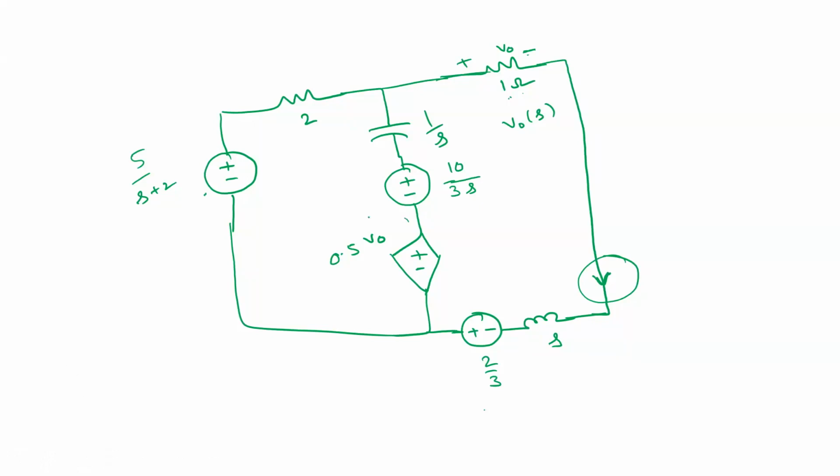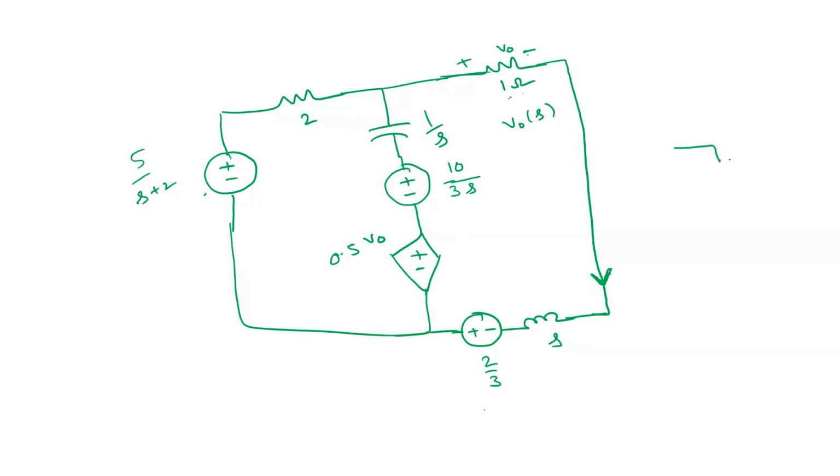The thing is that when you have a dependent source, it remains as it is. Another thing, we must take care of the signs. This is the inductor current, so that's why you have minus and plus sign. You must take care of those signs.